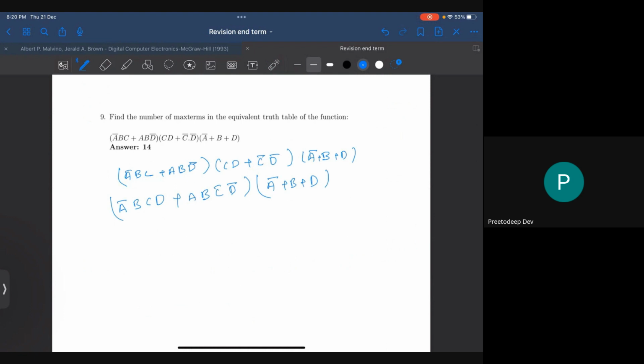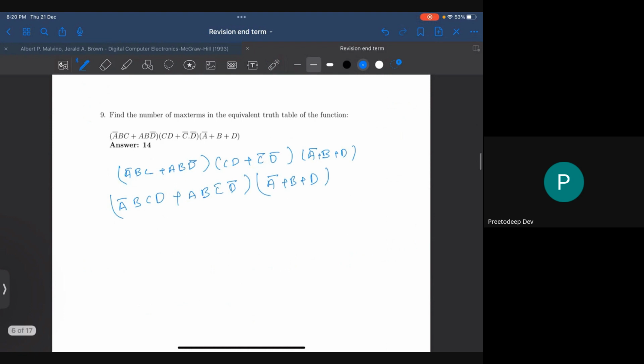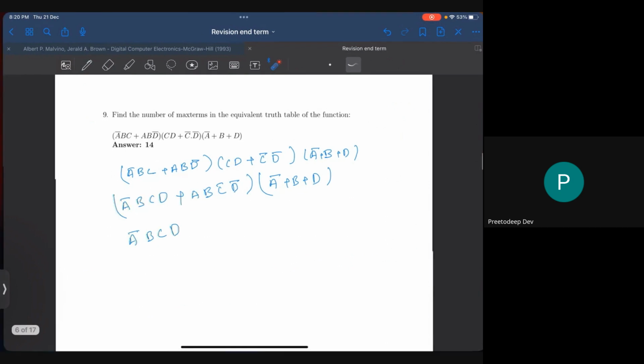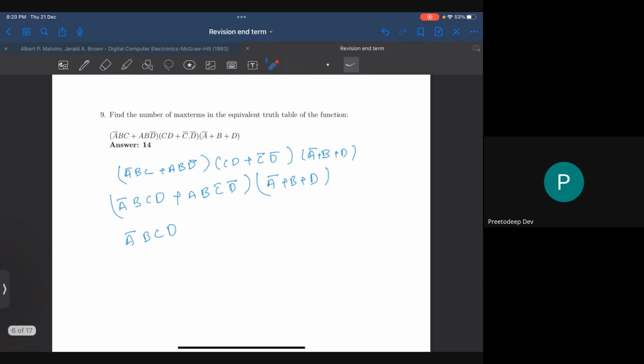Okay, now let's solve. So we'll get the same A bar B C D. Now here it will get 0, so I'm not writing. These terms A bar B C D will give the same thing.